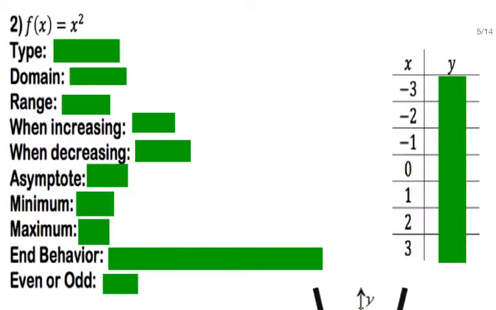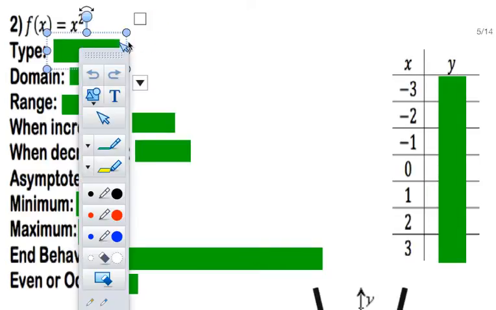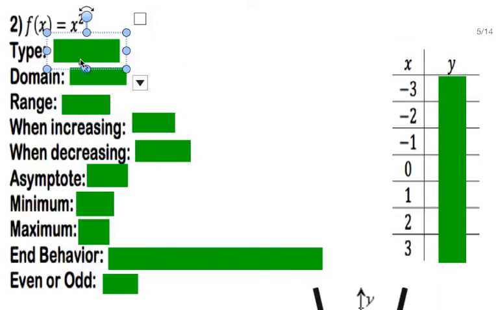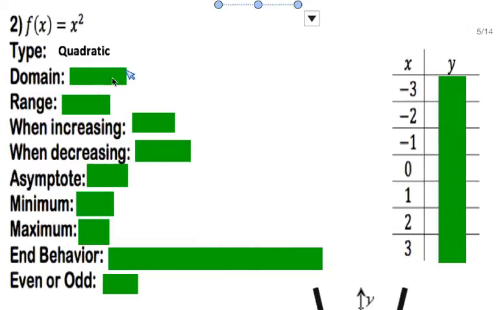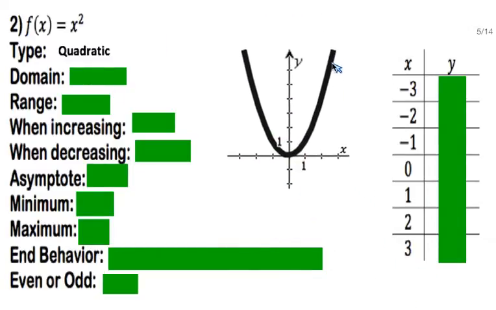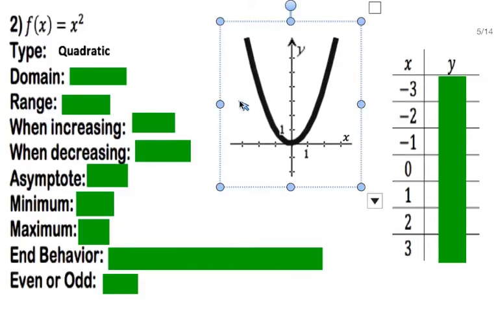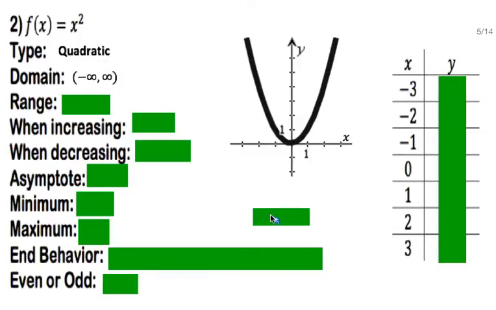All right, our next problem is a quadratic equation, so x squared, and like I just said, it is a quadratic equation, and its graph looks like this. Okay, and so the domain for this, and you'll find that for a lot of our parent functions, your domain is going to be from negative infinity to positive infinity.